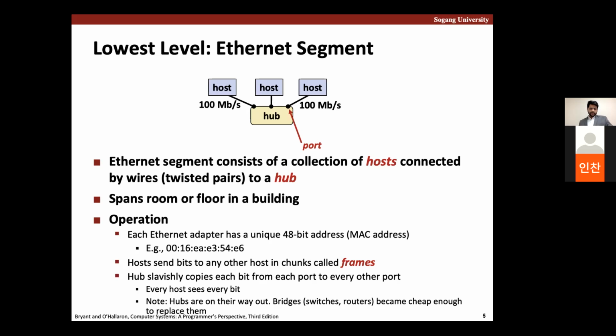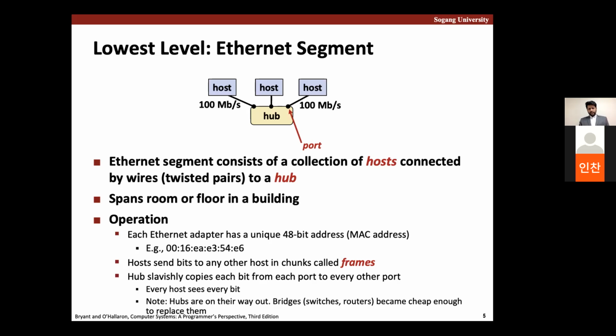That's the minimum unit that you send, a packing unit, to any other host on the segment. This is the unit of transfer between hosts. Note that the hub slavishly copies every bit that it receives on each port to every other port, so that every host sees every bit and frame, but only the destination host actually reads it.